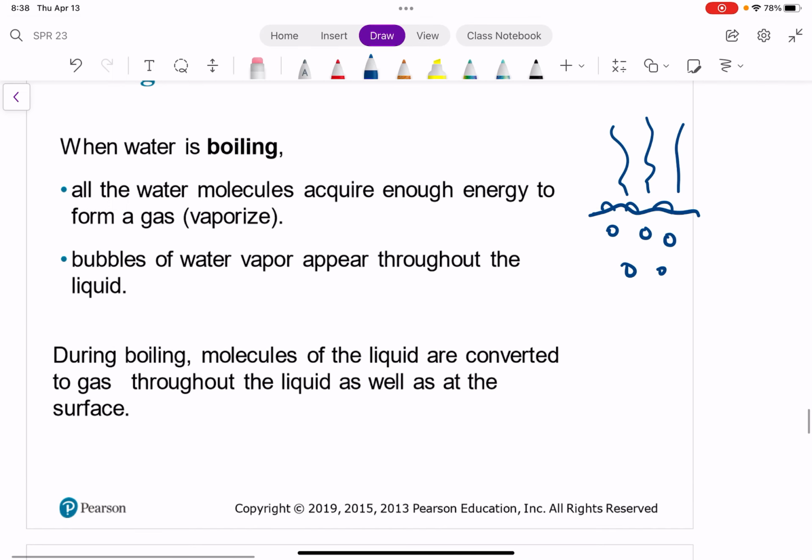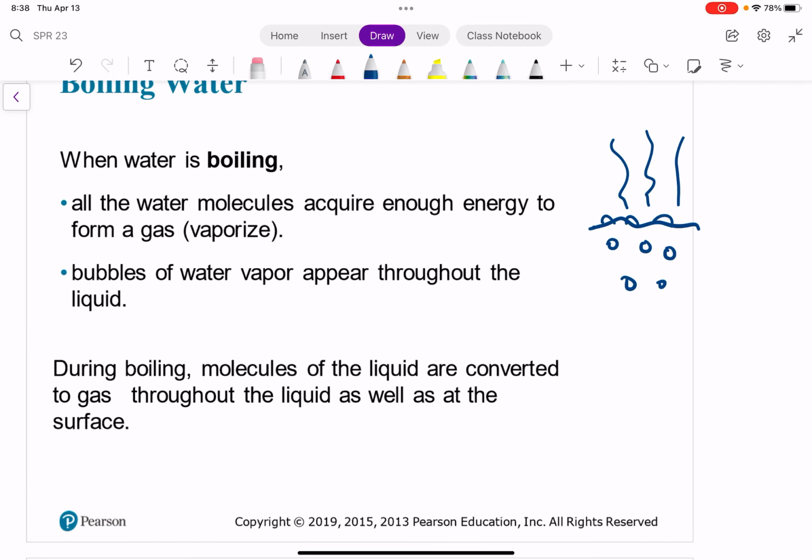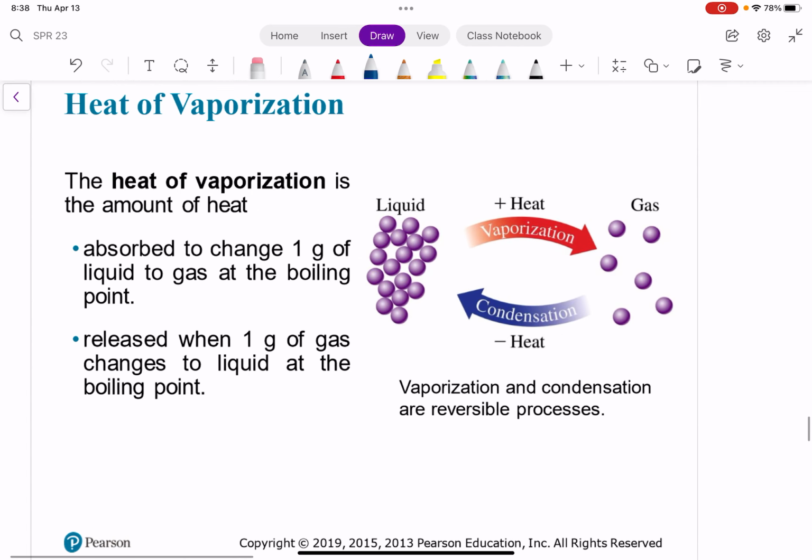This is just reminding you that during boiling, molecules of the liquid are converted to gas throughout the liquid as well as on the surface. So I kind of just represented that, and this is probably a pot or something boiling.